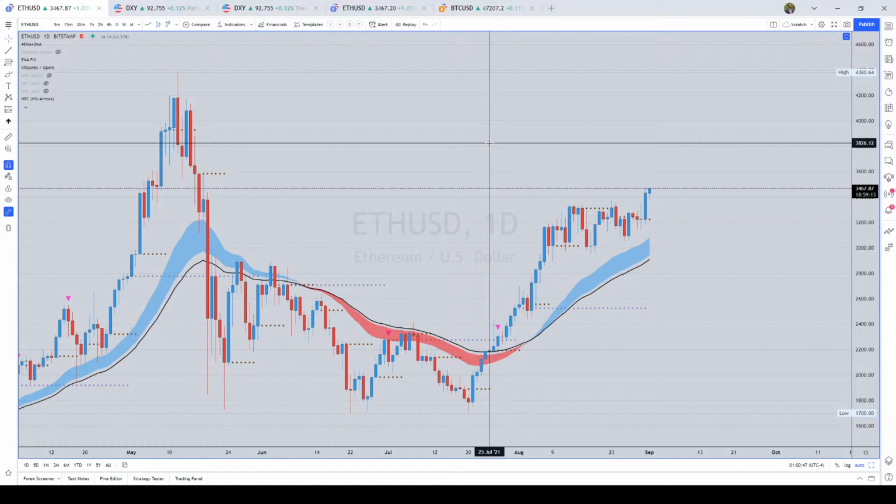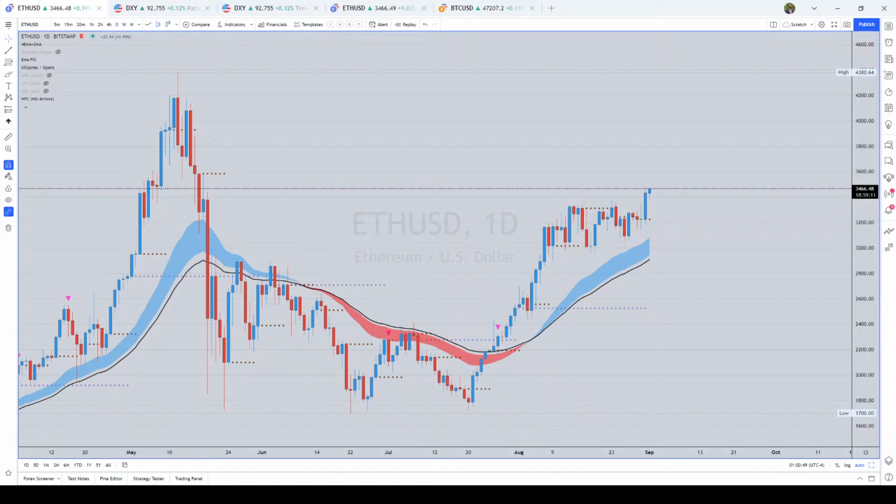Hold on, let me finish setting this up real quick. Hold on, one second. I invested around 1.8 in ETH. Okay. That's what's up.